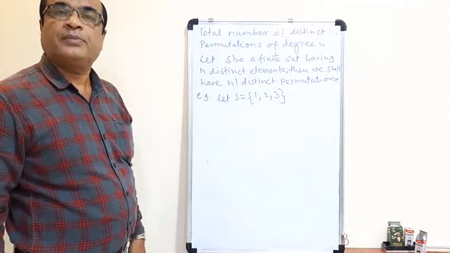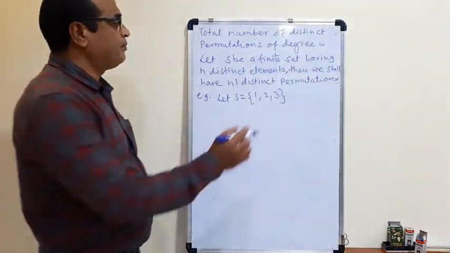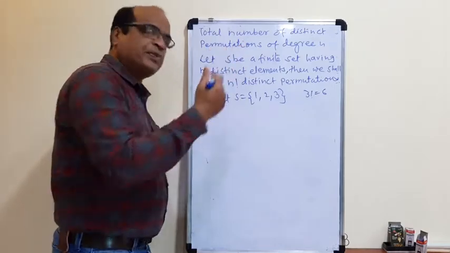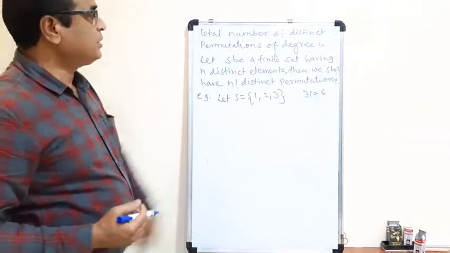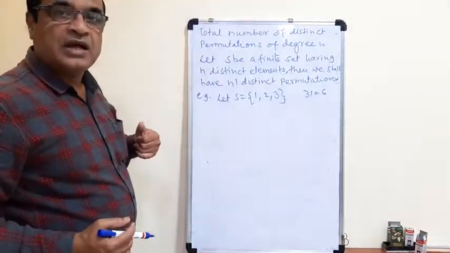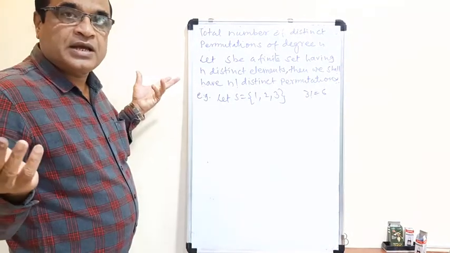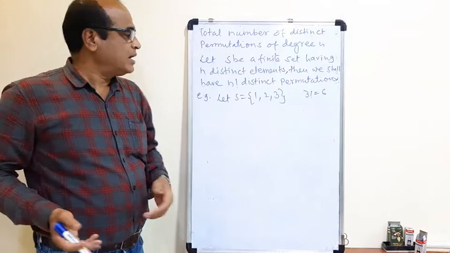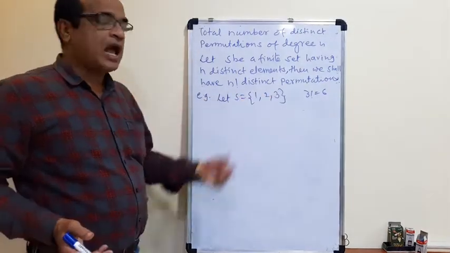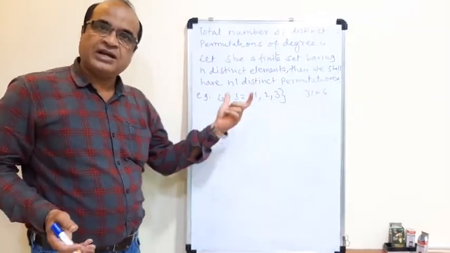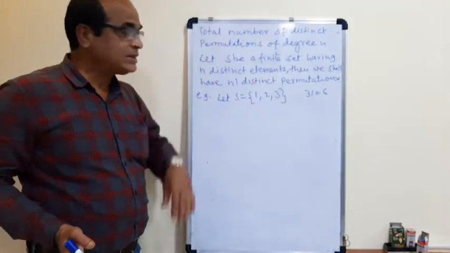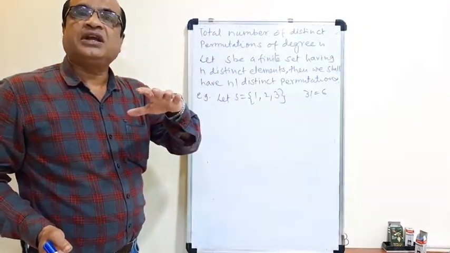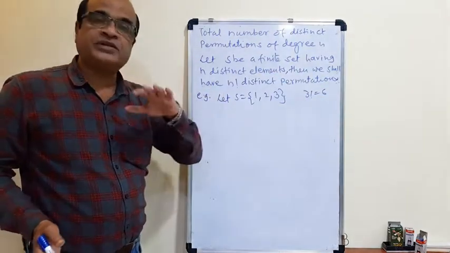There are 3 factorial permutations, that is 6. So if S is a set having n distinct elements, then it has n factorial permutations. Means if S has 3 distinct elements, then it has 3 factorial, 3 into 2 into 1, that is 6 permutations.